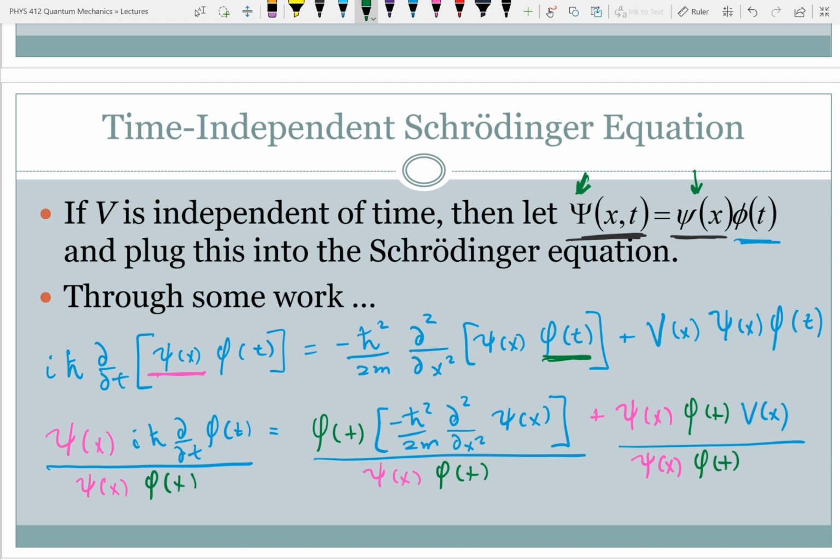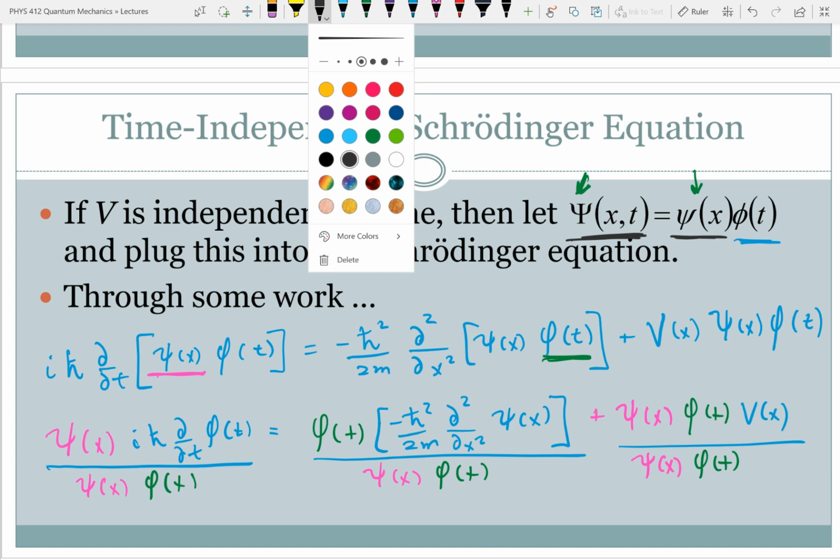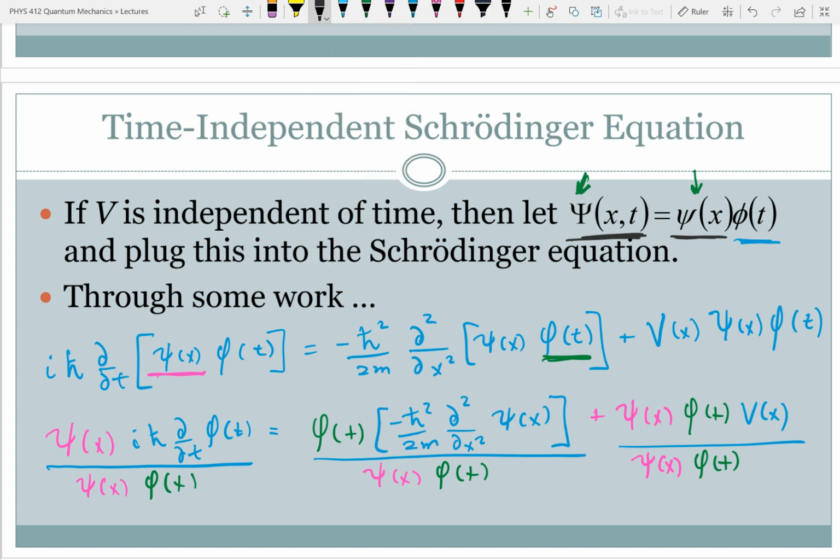Now we get ourselves into a cool situation. Let's cancel where we can. In the first term, I can cancel the psi because I have psi over psi. In the second one, I can cancel the phis.